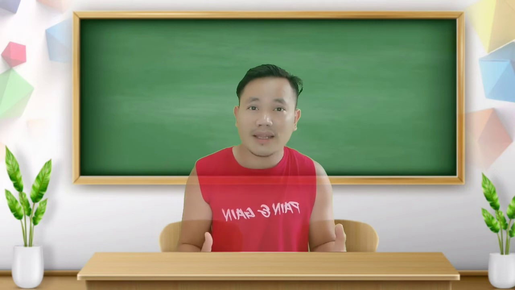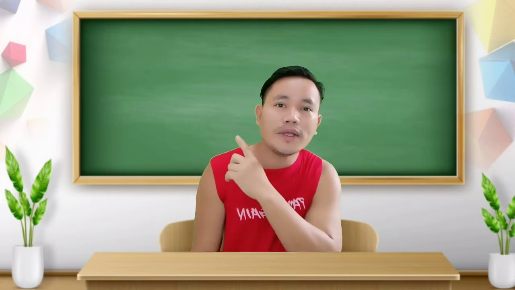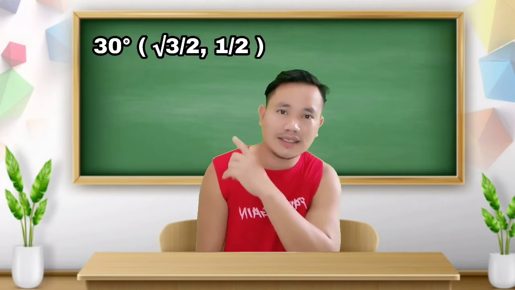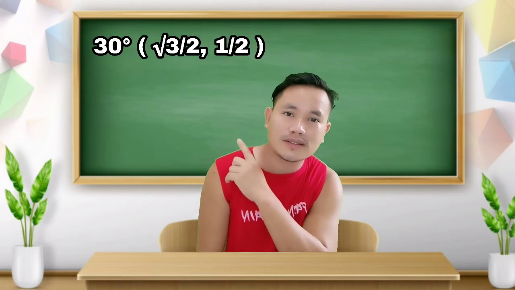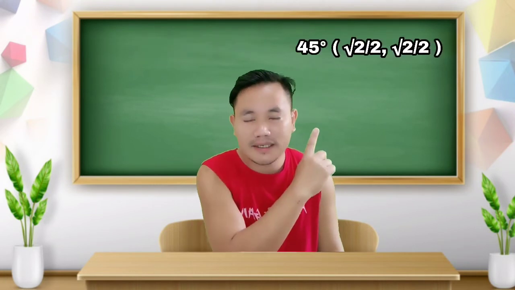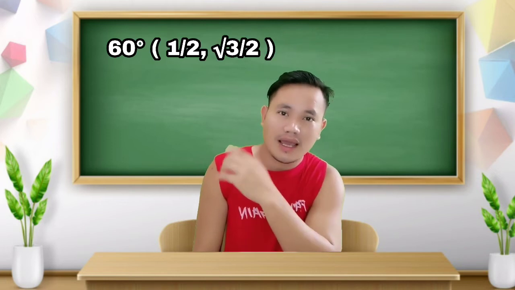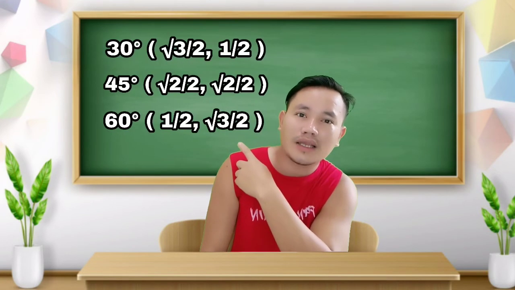Now in this topic, we are going to apply the concept of trigonometric functions with the concept of special angles, such as 30 degrees, 45 degrees, and 60 degrees. And these are the trigonometric coordinates.